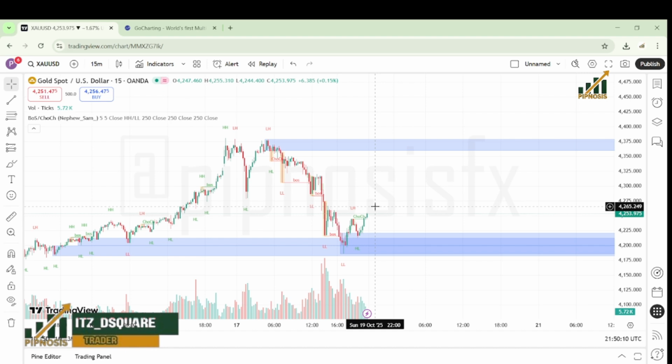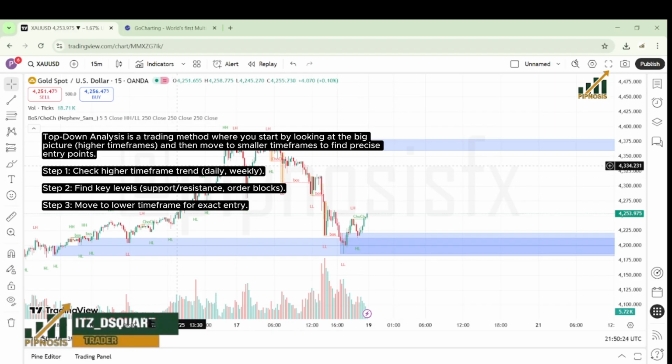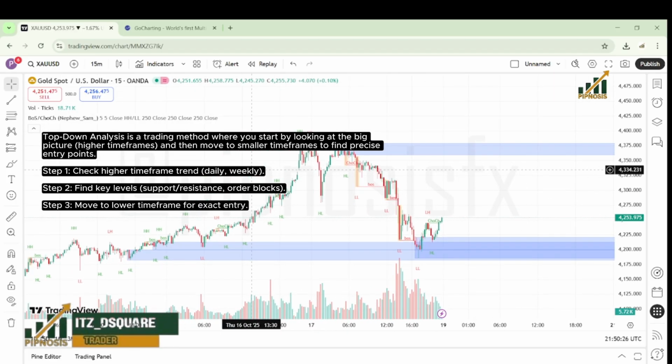Mainly, top-down analysis is the process whereby we start our analysis from the higher time frame to the lower time frame, then to our entry time frame. Now, why do we have to use the higher time frame? So we get a clearer view of the whole market. It's just like using Google Maps to zoom out of the earth.